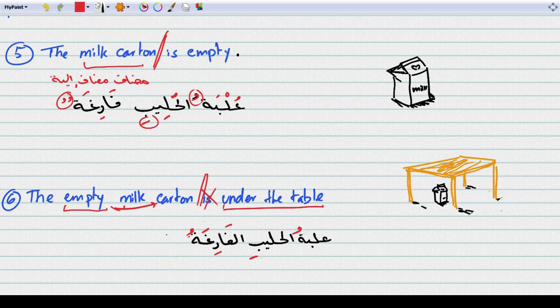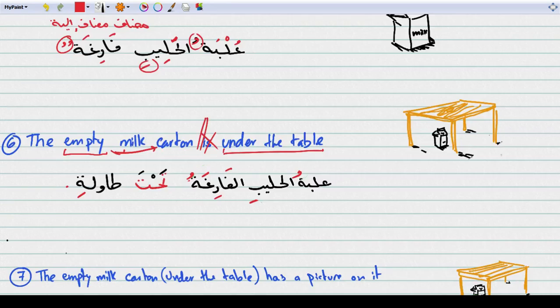So the word for under in Arabic is تحت, and it's a preposition. تحت, preposition word, and that means that the next word that I'm gonna say, which is طاولة, table, has to end with kasra. علبة الحليب الفارغة تحت الطاولة. The empty milk carton is under the table.